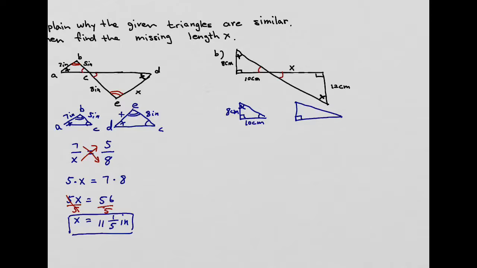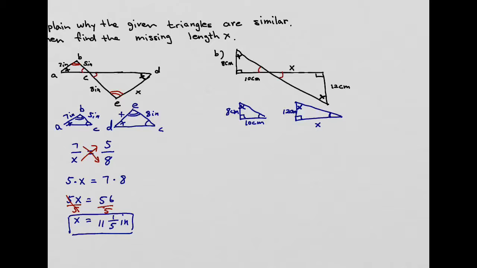So this should be the right angle, and this angle should be the one with the dash between. That's the vertical angle, right? And I have 12 centimeters between the right triangle and the other one, right? So that will be 12 centimeters. The x should be at the vertical angle and right angle. So x should be proportional to 10 centimeters.